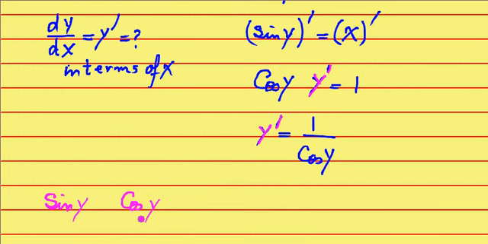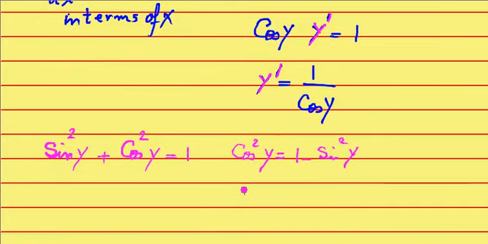Between sine and cosine of any angle, there's a very famous formula that establishes a relationship, the Pythagorean identity. It tells us that sine squared plus cosine squared is equal to 1. So if I wanted to figure out cosine, I could say cosine squared of y is equal to 1 minus sine squared of y.